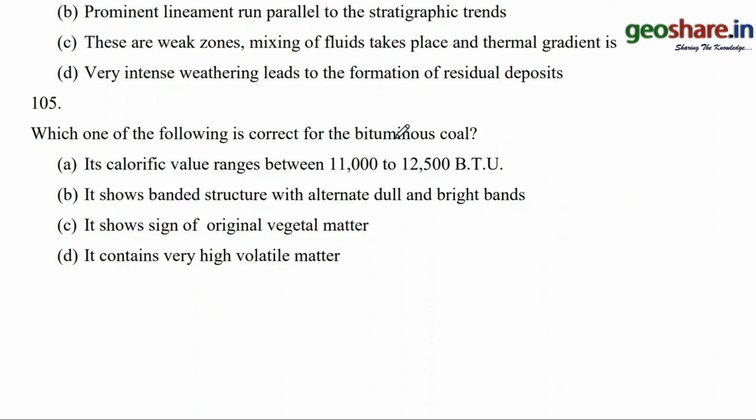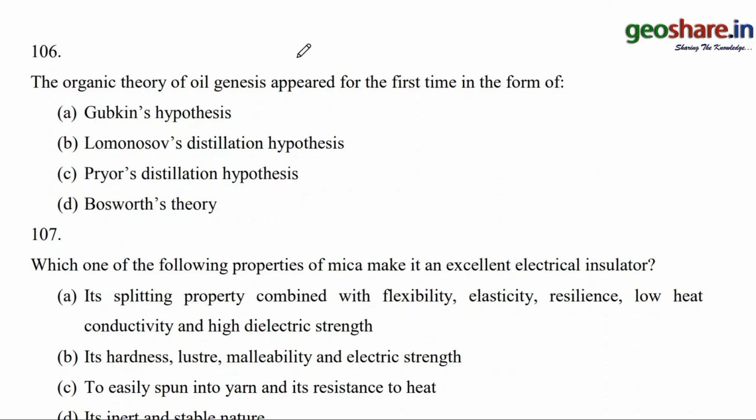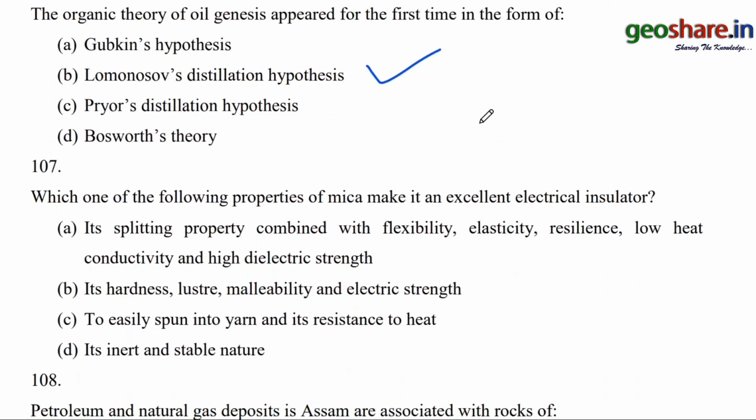Which one of the following is correct for bituminous coal? It has a banded structure with alternate dull and bright bands. The organic theory of oil genesis appeared for the first time in the form of Lomonosov distillation hypothesis.